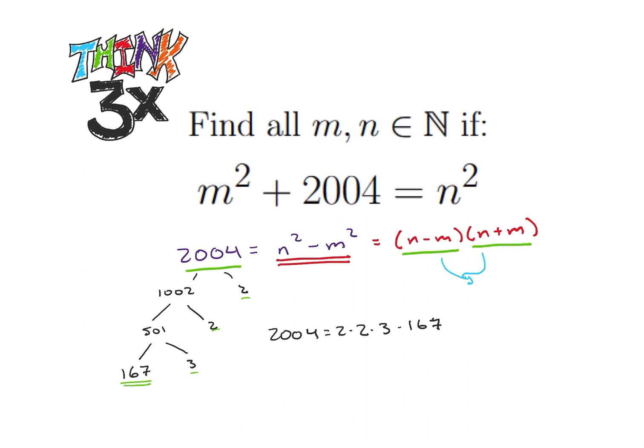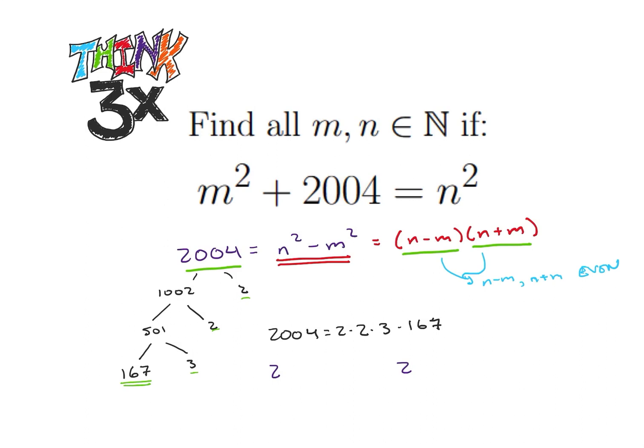And since 2004 is even, that means that n minus m and n plus m are both even, which means they're both going to have a 2 in them. So what I'm looking at here is, if I have 2 in one number and 2 in another, how can I make these values? I know n plus m is going to be bigger than n minus m.